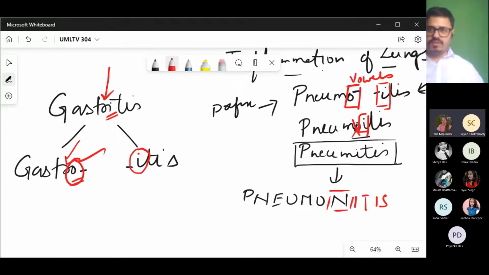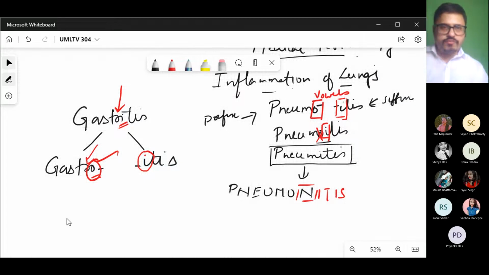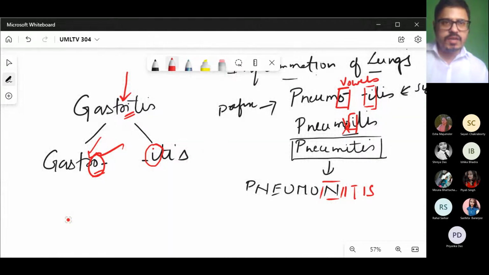It's clear, kind of. Fine. But if that is still not clear, let me summarize the rule.